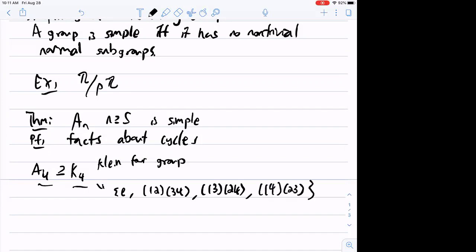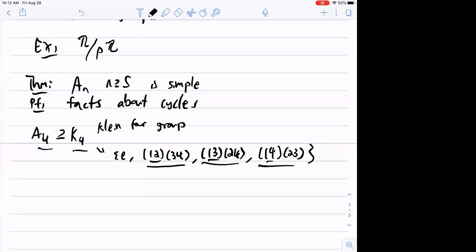So this thing is normal, and hopefully it's clear, because if you conjugate by anything, you're still going to get a product of two cycles, and you can only fit 4 numbers in there. So you don't have much choice. If you conjugate this, you'll end up with either this or this, because you can have 1 with 2, 1 with 3, or 1 with 4, and then everything else is determined. So that's an example.